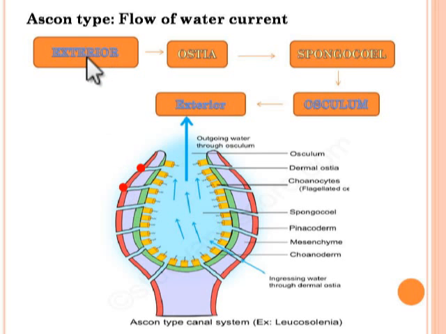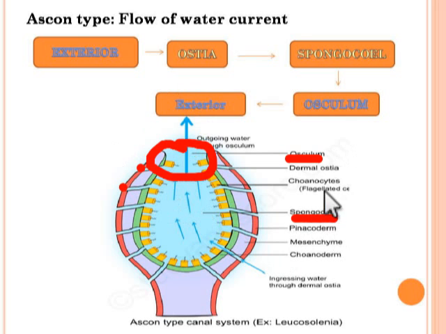The water from the exterior moves through the ostia, and then this water reaches the spongocoel, which is the body cavity. By means of the osculum, the water moves out. This is the flow of water current in ascon type.